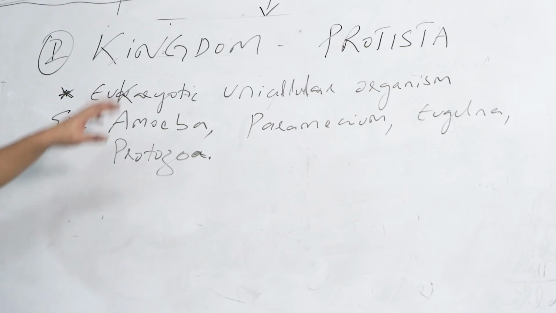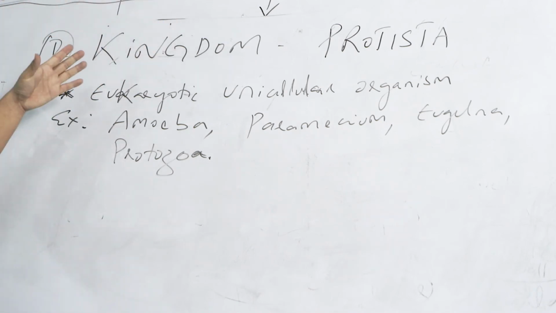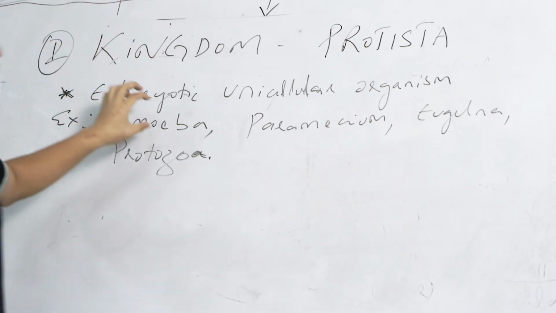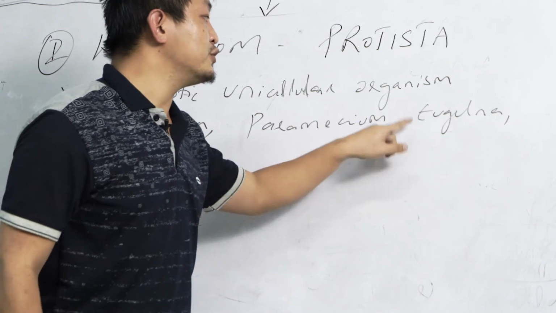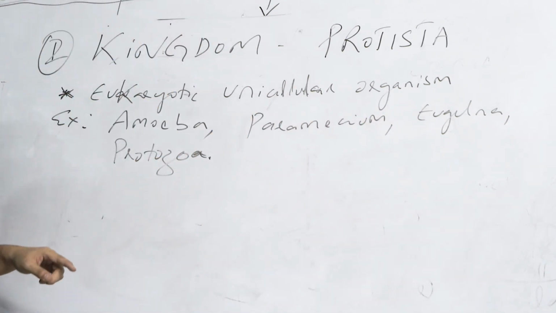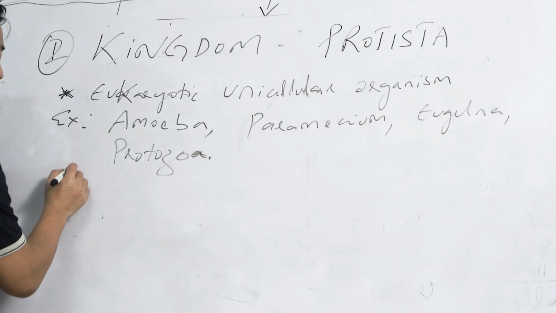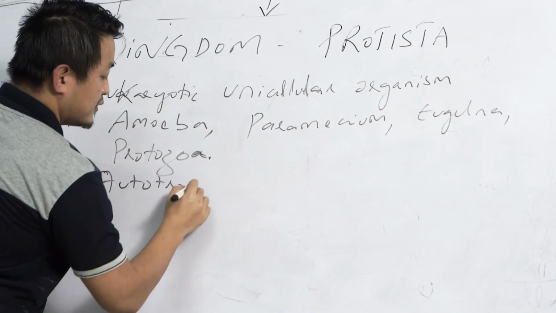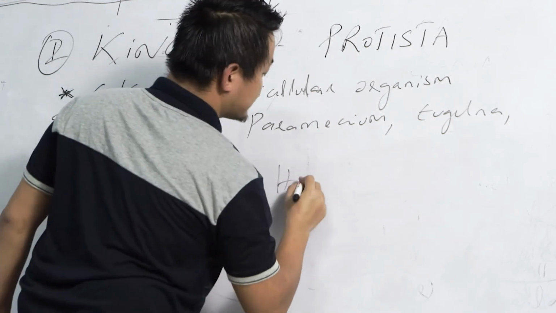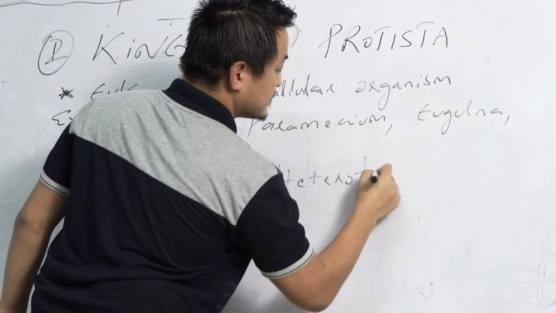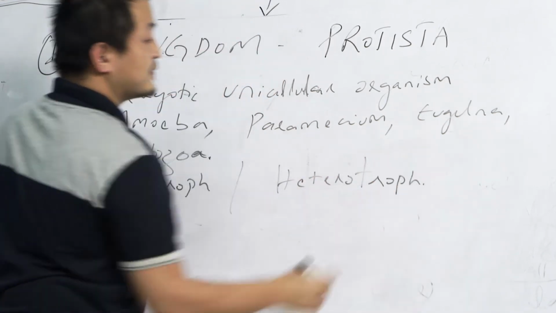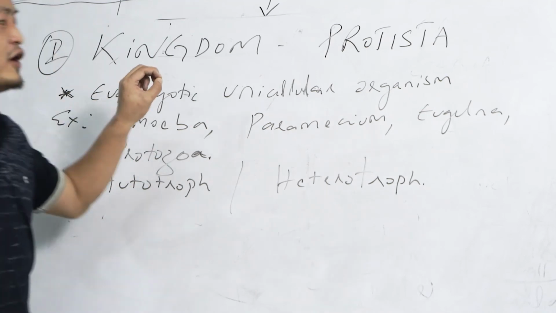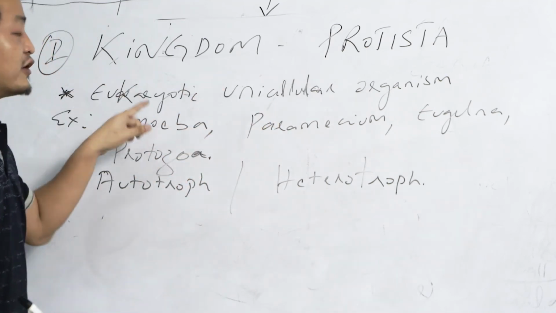So under kingdom Protista, we have organisms such as amoeba, paramecium, euglena, and protozoa. Now their mode of nutrition is autotrophs and heterotrophs. Clear?